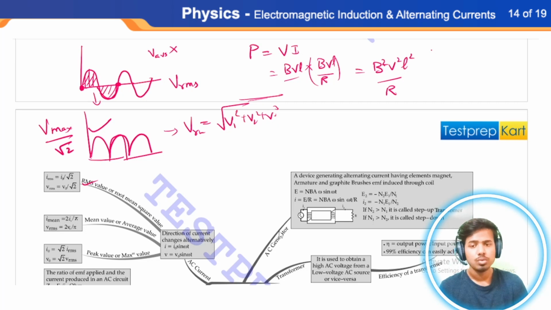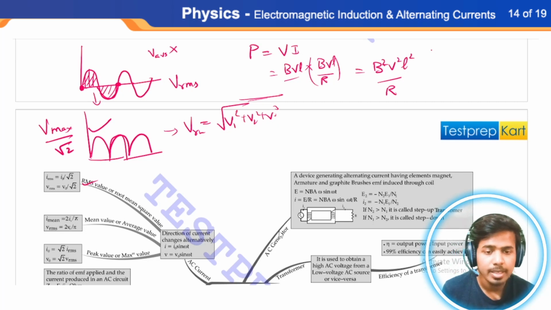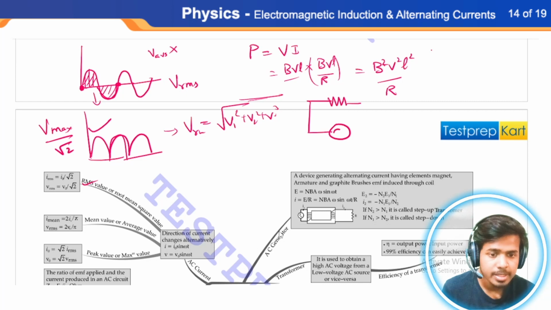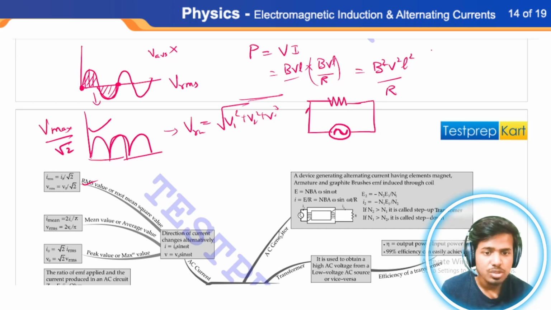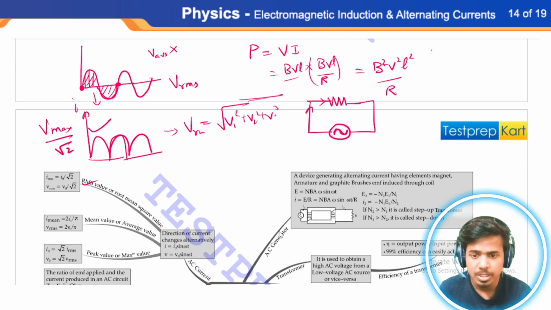All right. Now, if there is a resistor connected to the alternating source, then the current will also depend in the same fashion, right? So the current will also look something like this, I versus T. For the current as well, the RMS will be I by root 2.